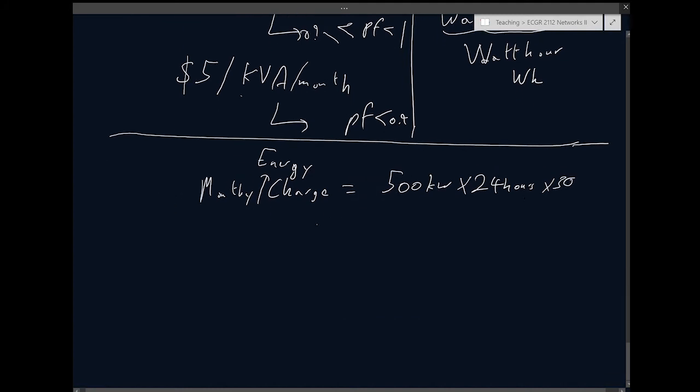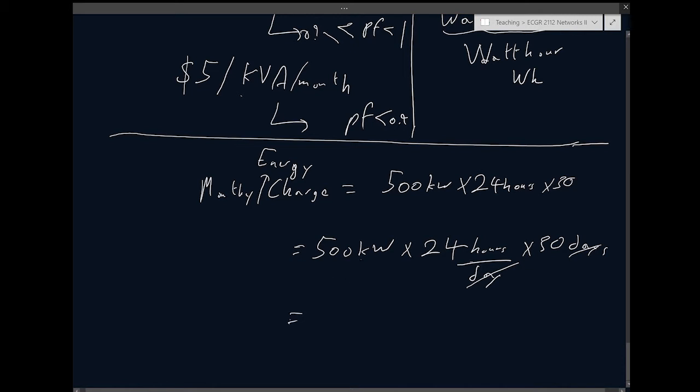So let me rewrite this. This is 500 kilowatt power times how much they are running. Energy is always power times time. So this is 24 hours per day, I'm going to write all the units, times 30 days. So day cancels with day, and I end up with kilowatt hours.